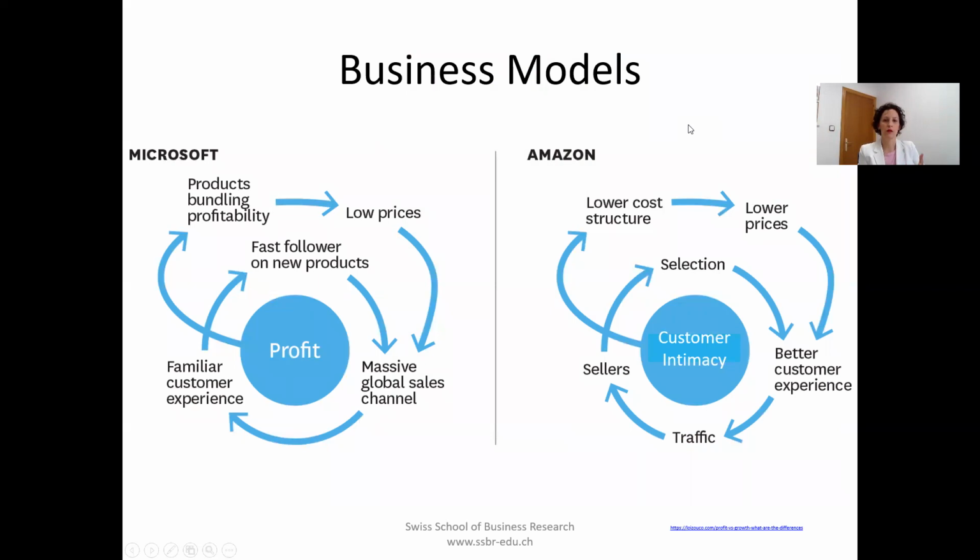So based on the example that we saw before, we saw that Microsoft has a product leadership business model. And Amazon has a customer intimacy model. Why? Well, their entire approach is based on having everything in one place and having a superb customer experience.